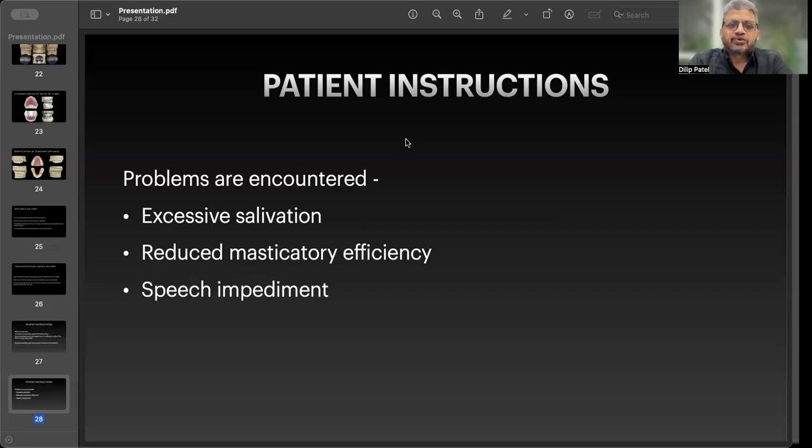You can ask the patient to read a textbook or storybook loudly, or sing a song, so that there will be practice, and speech can be regained within 3-4 days or the next day.